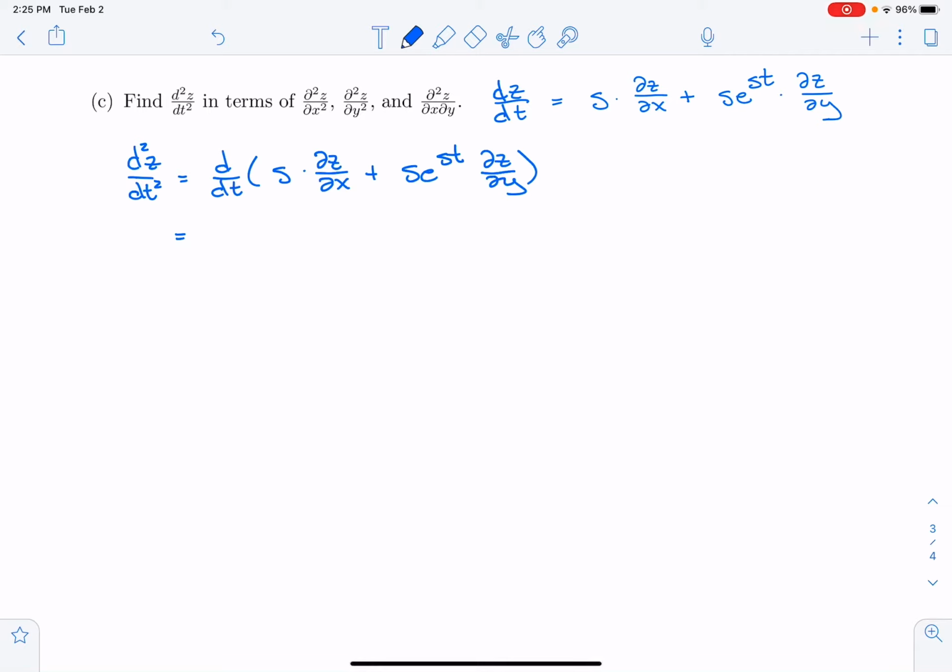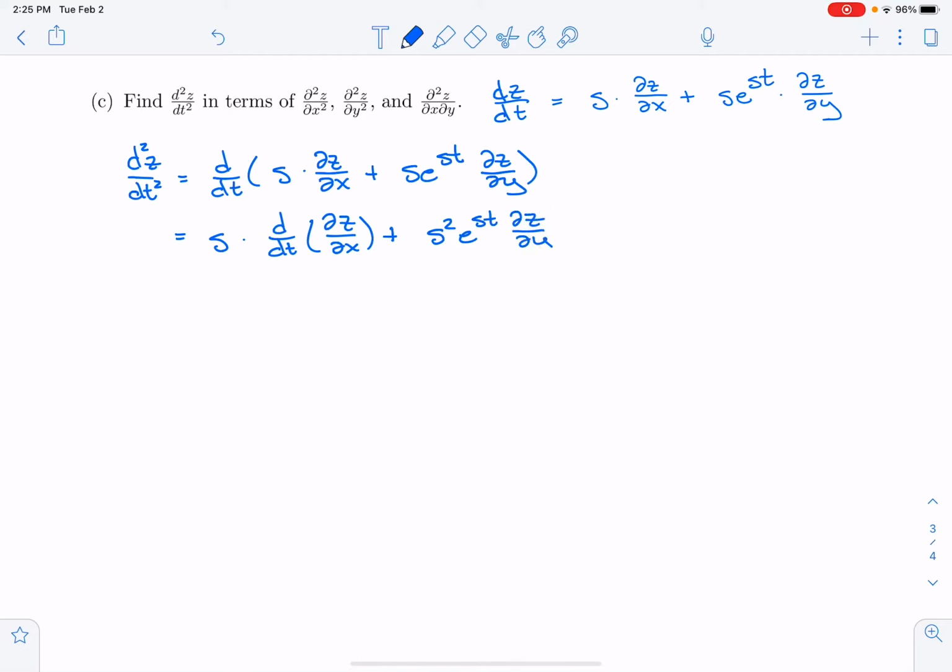Okay, well, that's going to be s times the derivative of dz dx, and then plus, now I'm going to have to use the product rule. Okay, so the product rule says this is going to be s squared e to the st dz dy.